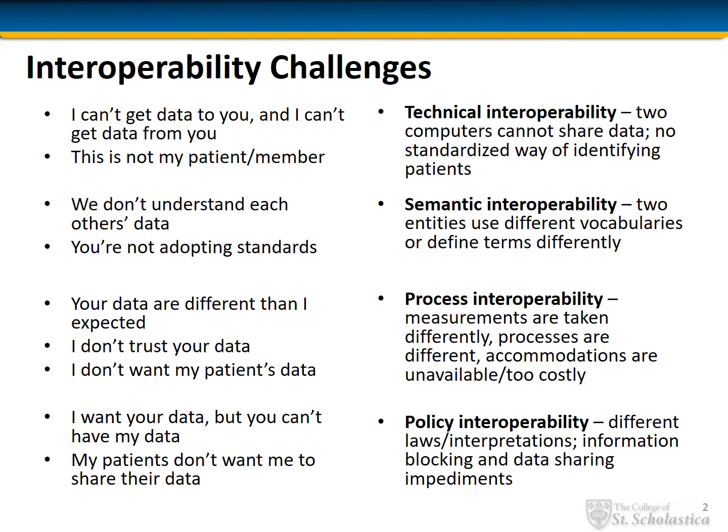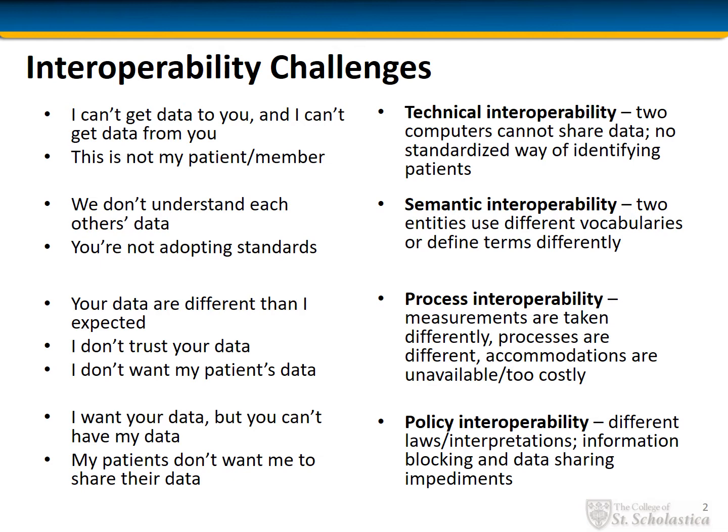But the statements that we've used here to illustrate each of these forms of interoperability may help you further distinguish between them and bring home the practical ramifications of lack of interoperability. So the statements, I can't get data to you and I can't get data from you, and this is not my patient or member, are statements that describe the issue of technical interoperability.